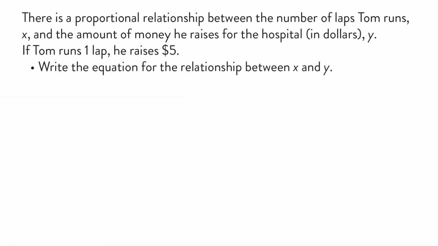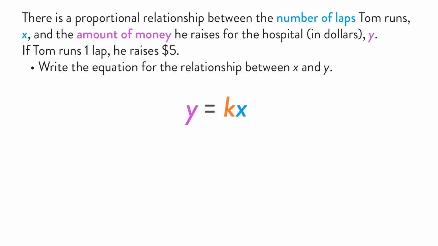There's a proportional relationship between the number of laps Tom runs, x, and the amount of money he raises for the hospital, y. So the equation should be in the form y equals kx. To write the equation for this relationship, we have to find k. So let's look at this sentence. If Tom runs 1 lap, he raises $5. This tells us that when the x value is 1, the y value is 5.